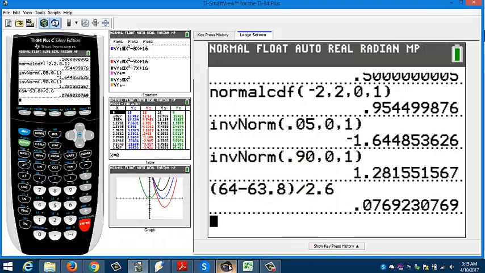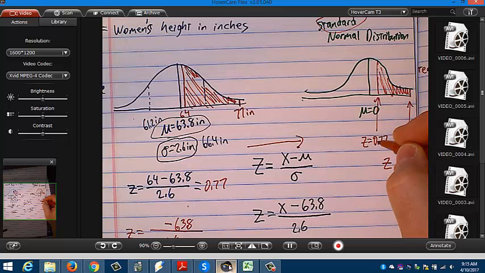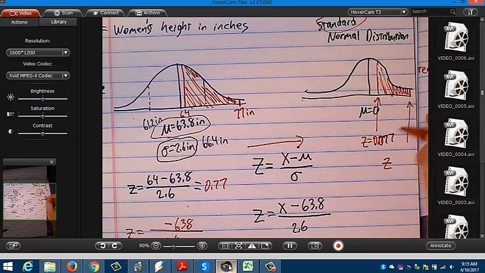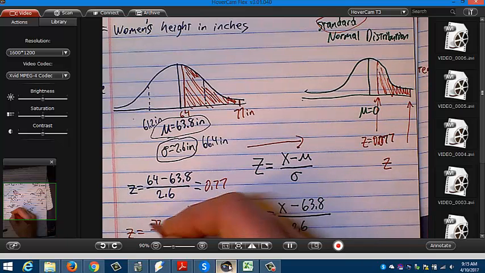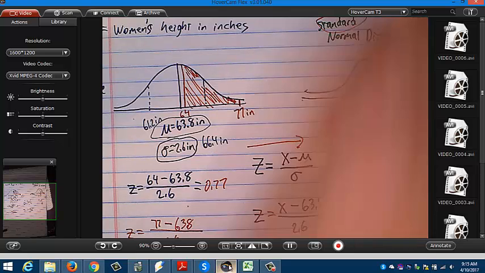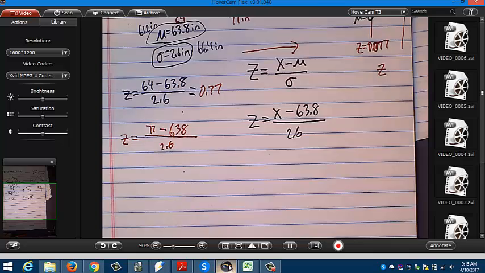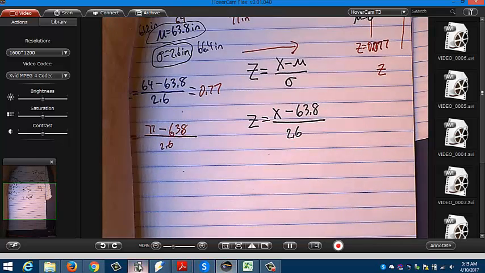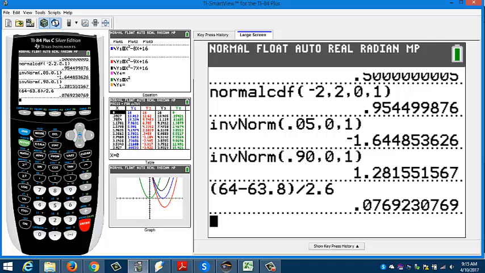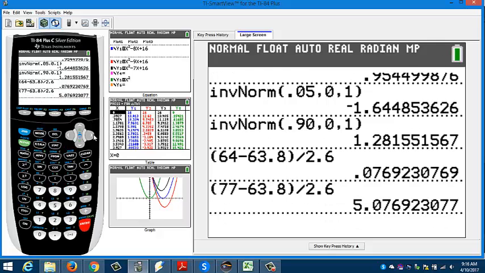Yeah, 0.077. Thank you. But this other one, 77 minus 63.8 divided by 2.6. Let's work that z-score out. So if I go to the calculator, I'll type the same thing in, but instead of that 64, I'm going to hit 77. So that z-score is 5.07.